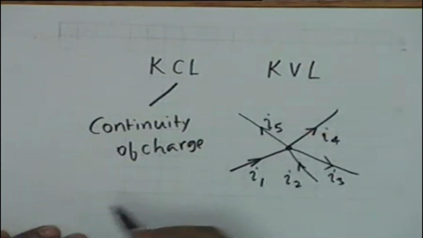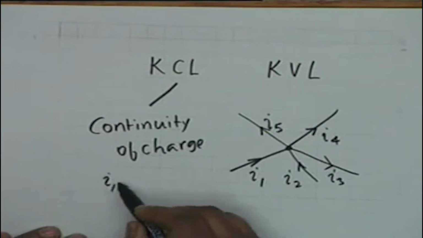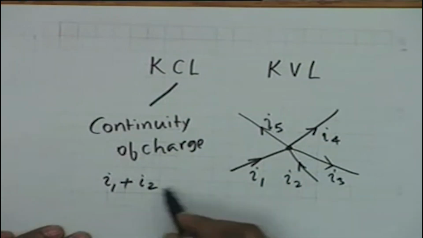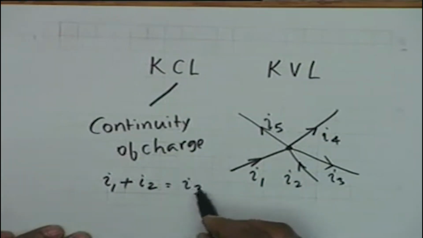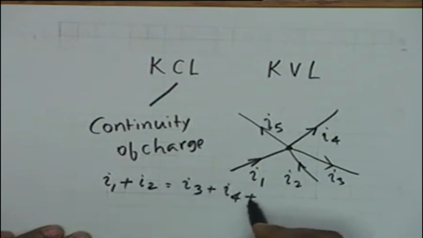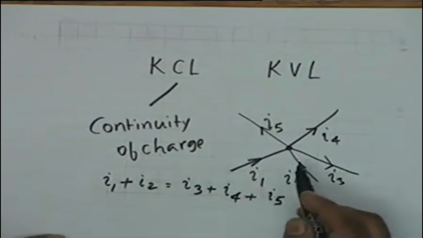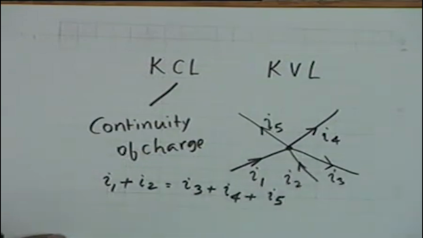Then KCL means that the total current entering, I1 plus I2, must be equal to the total current leaving, that is I3 plus I4 plus I5. So that over any interval, the total charge that arrives at the junction leaves the junction, and this is an expression for the continuity of charge.